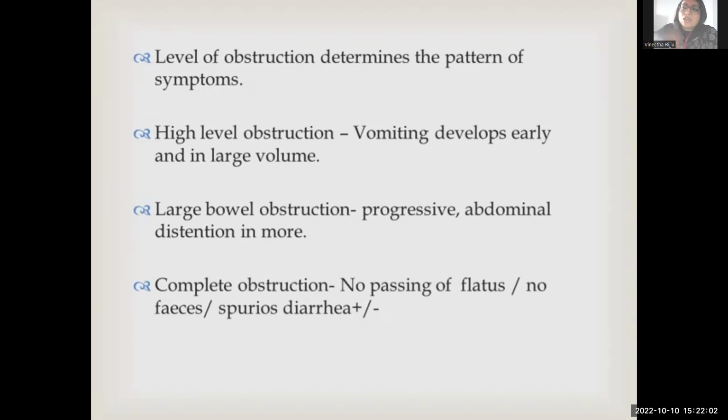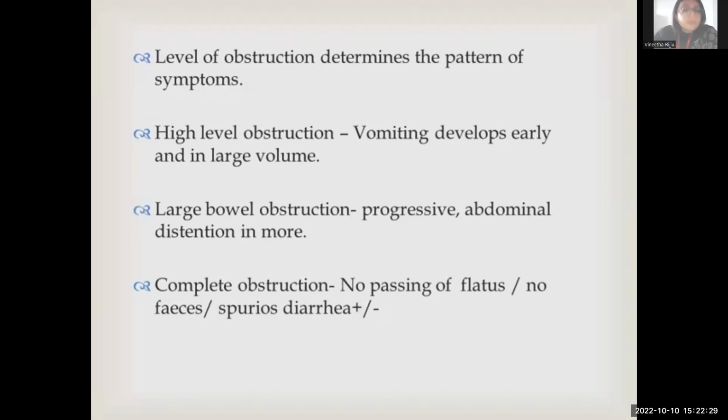And he often tells you, I'm vomiting out so much fluid. I don't know where this much fluid is coming from. I'm hardly drinking any water, but there is so much that I'm vomiting. Whereas someone who's having a large bowel obstruction might not be having as much volume of vomit as the small intestine person.